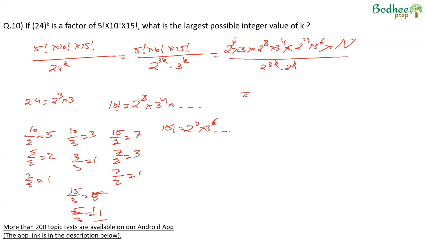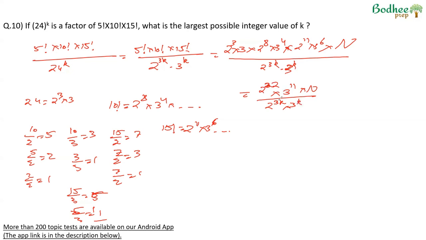And therefore the highest power of 2 is 3 plus 8, 11, and 11 more, 22. 2 raised to power 22 into 3 raised to power 1 plus 4 plus 6, that is 11, into n, divided by 2 raised to power 3k into 3 raised to power k.